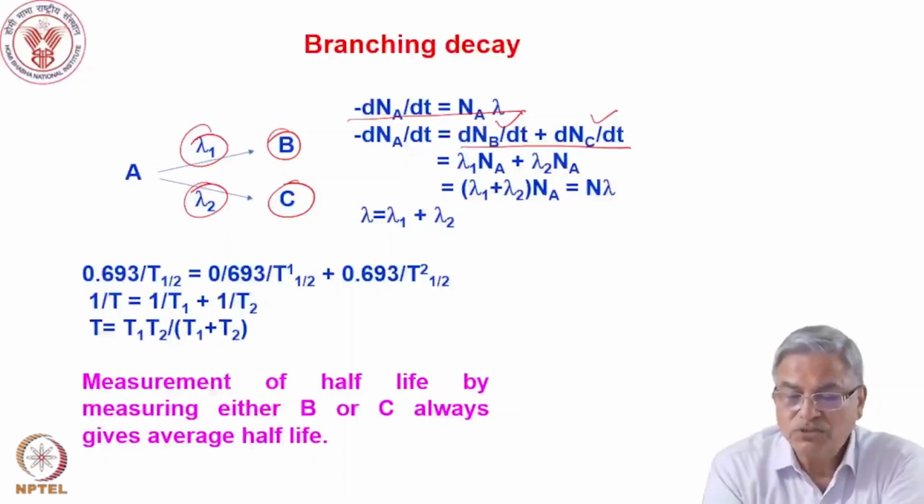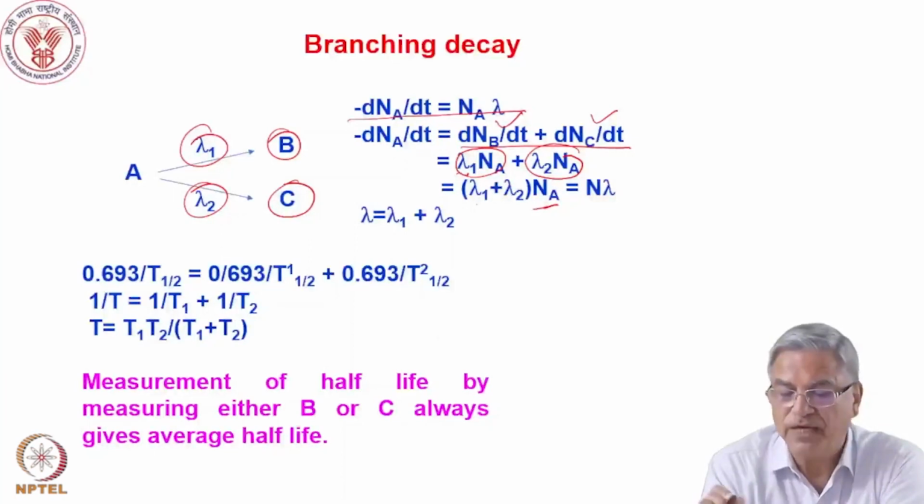So you can write dNB by dt as lambda 1 NA and dNC by dt as lambda 2 NA. These are two branches of decay of A. Lambda 1 NA is the first part, lambda 2 NA is the second part. You take NA as common, and it becomes (lambda 1 plus lambda 2) into NA.